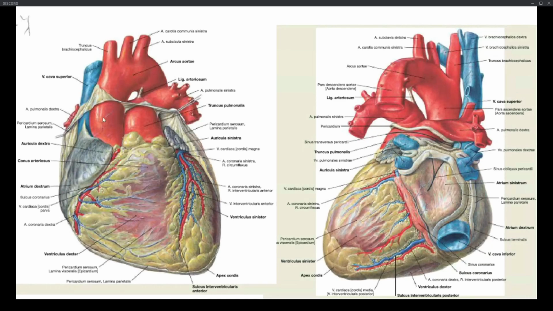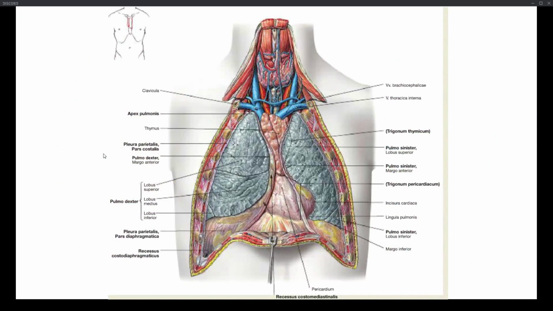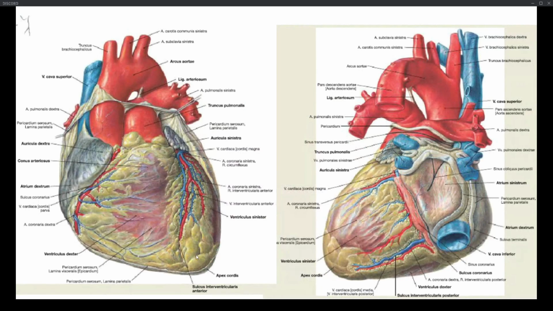It works as like a shock absorber and to lower the weight of the heart. Oh yeah, and over here, this is called the apex, just because of its form.